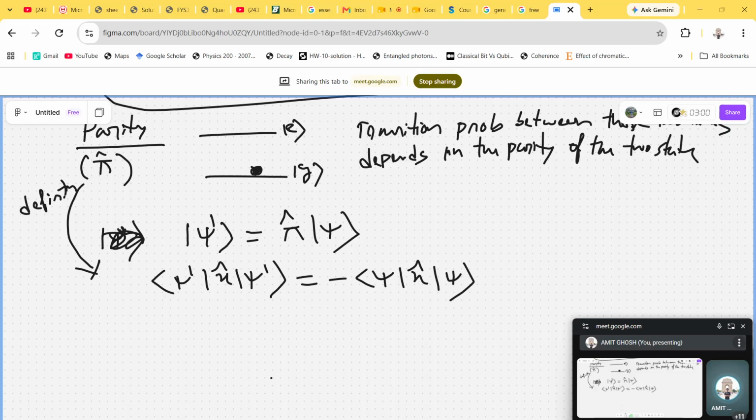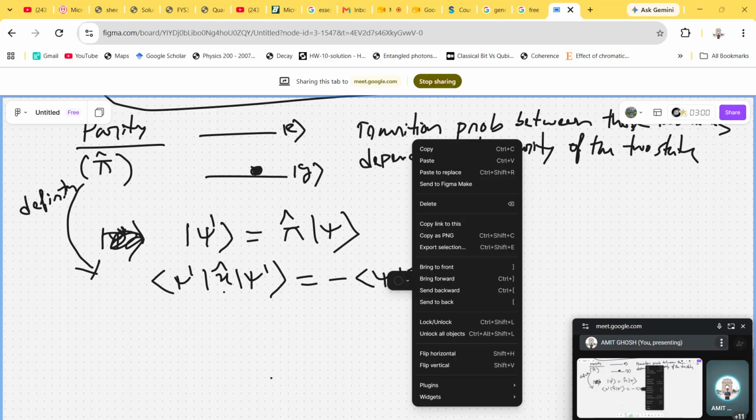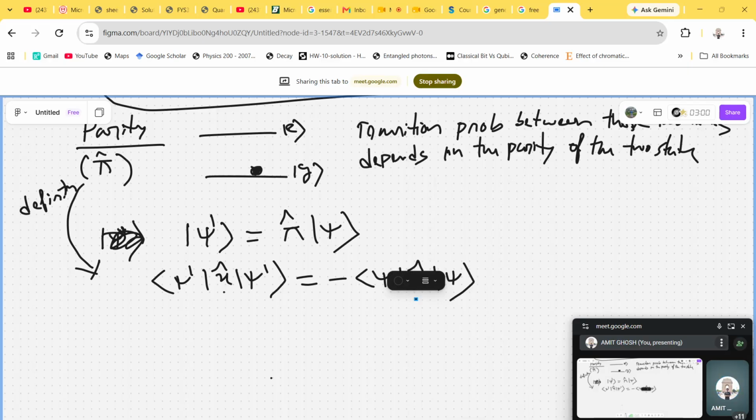So the average of your position vector in the new state is the negative of the average of your position vector in the old state. In your old quantum state, the position vector average was psi x cap psi, and in the new state the average is negative of that. So that is the role of the parity operator. And how do you get the new state? We apply the parity operator to the old state. I should better write it: n means new, and this is old.